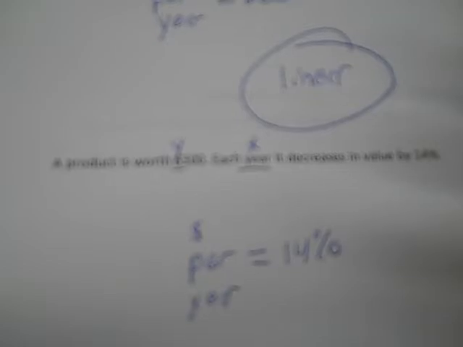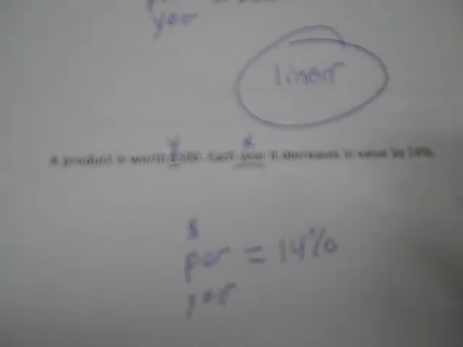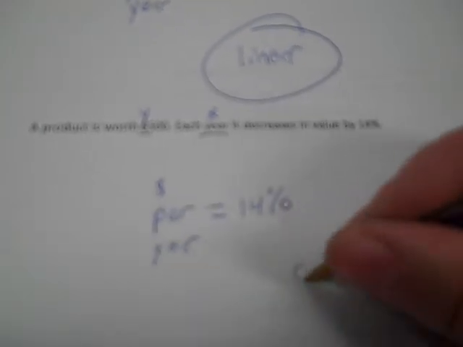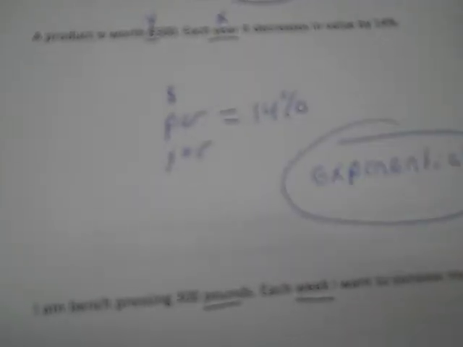If something changes by a percent, it's not a constant, so that would not be linear. That would be exponential, okay? If you don't know how to spell it, it's up here, exponential. You'll see why it's called exponential when we solve a problem like it, okay? Because 14% isn't the same as $14. Dollars and percents are different animals.